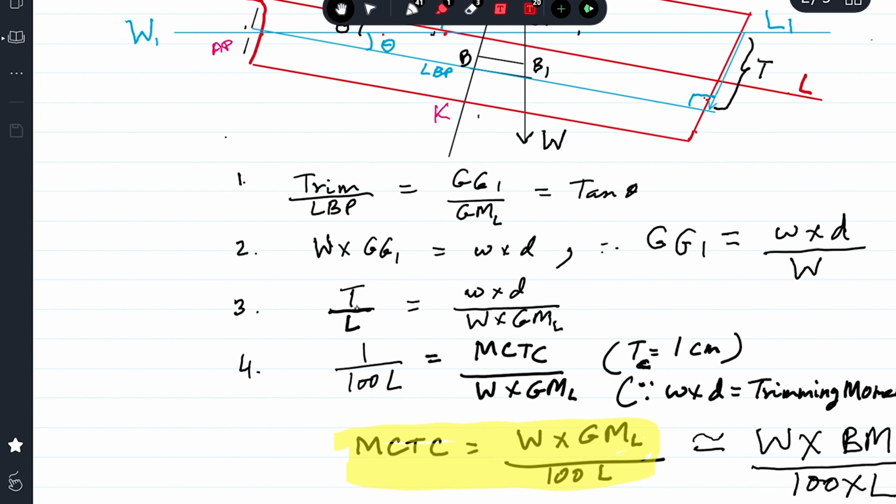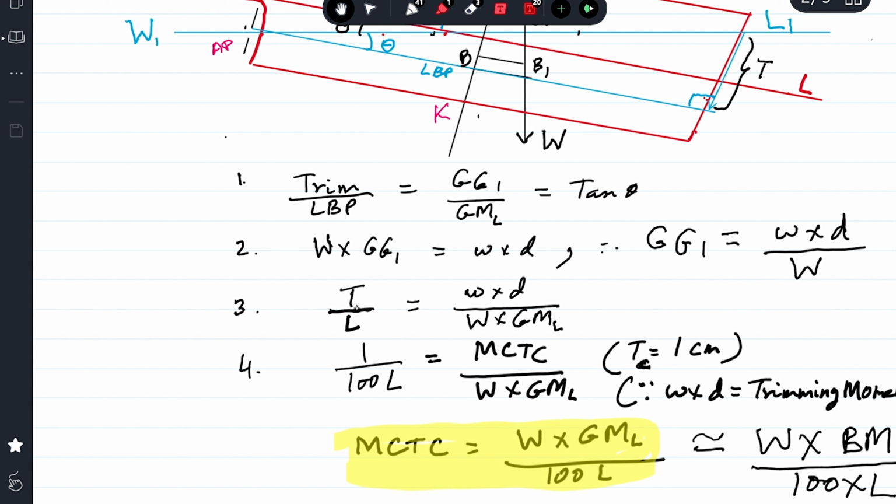And you know the trimming moment is W into GG1, which is also equal to the weight which was shifted into the distance by which it was shifted. So small w is the weight which was shifted and D is the distance by which it was shifted.